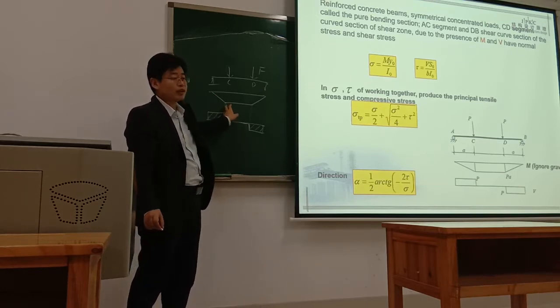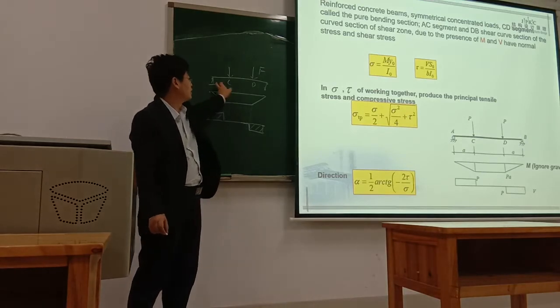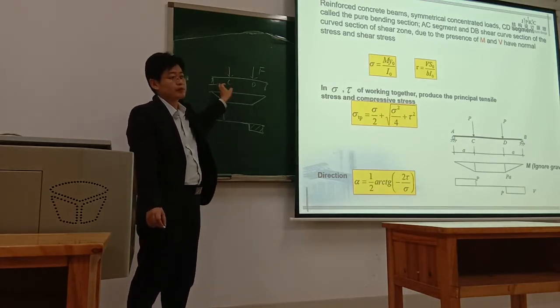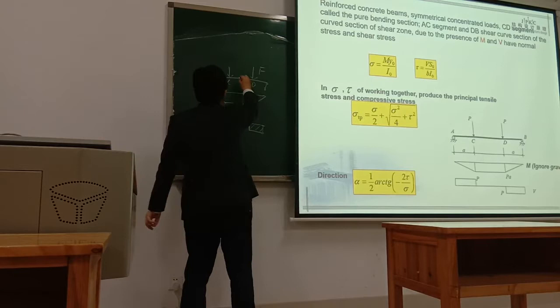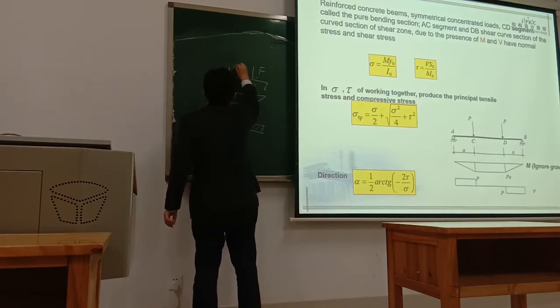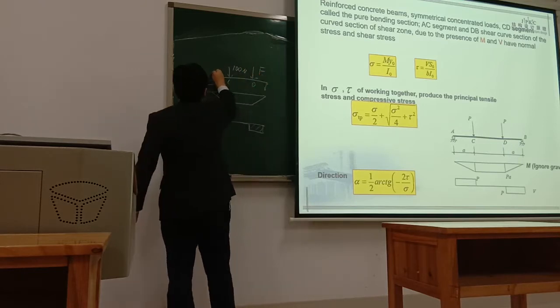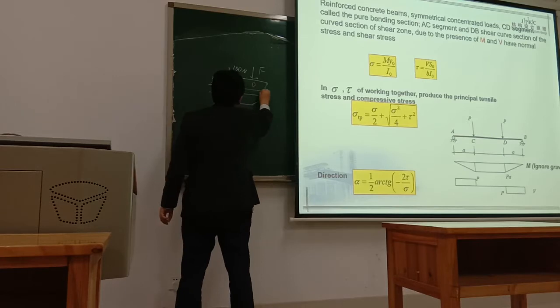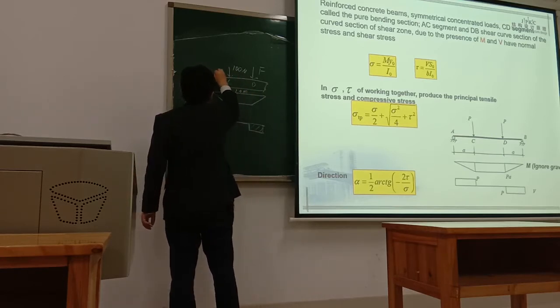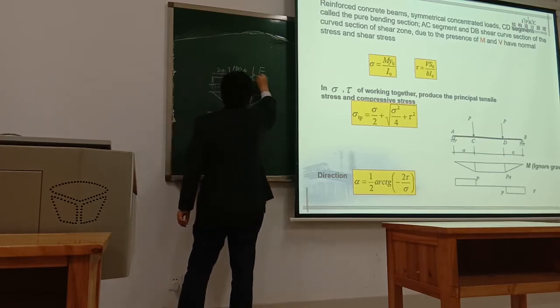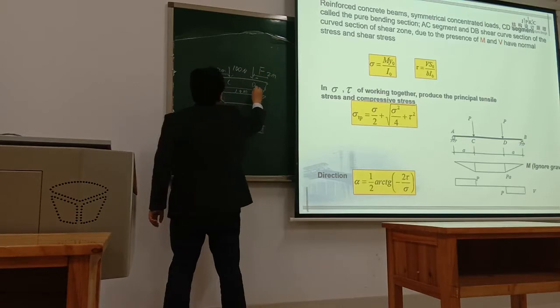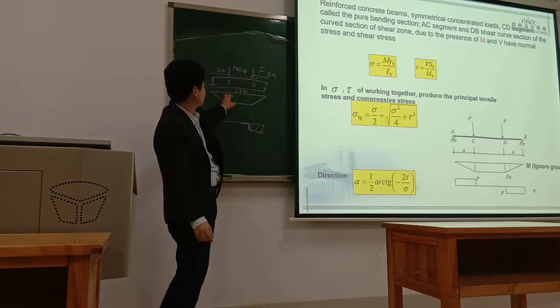So do you know how to calculate the moment and shear force of this whole beam? Suppose F equals 100 Newton, both of them 100 Newton, the span is 10 meters, and this is 2 meters, this is 2 meters. So can you draw the moment?